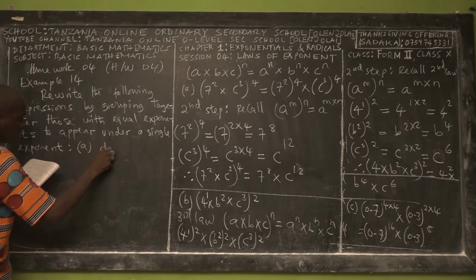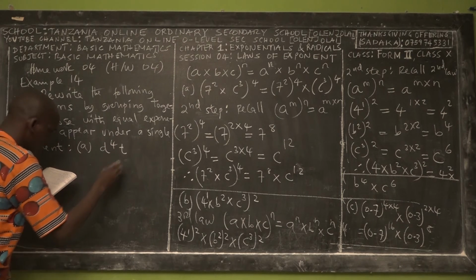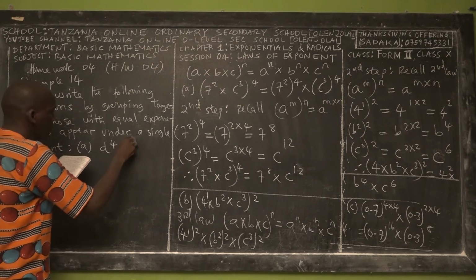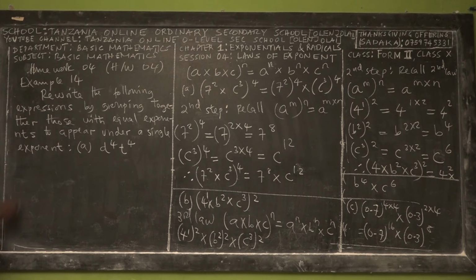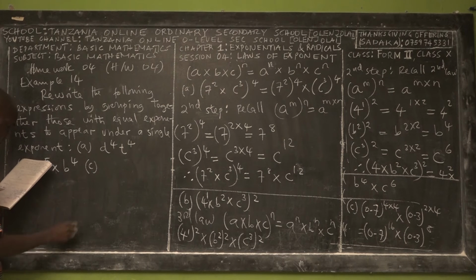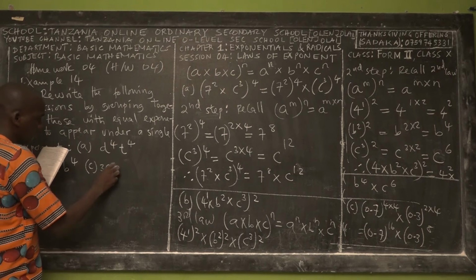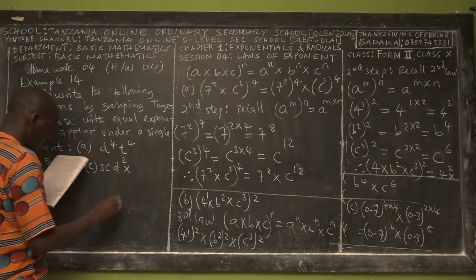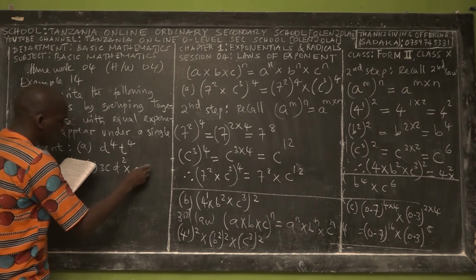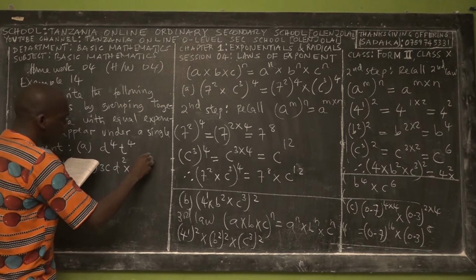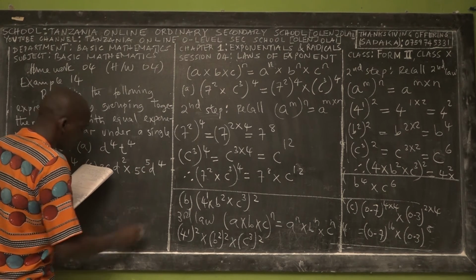A is 4 power 4 times D power 4. B is A power 5 times B power 4. C, we give you 3C D square times 5C power 5 D power 4.